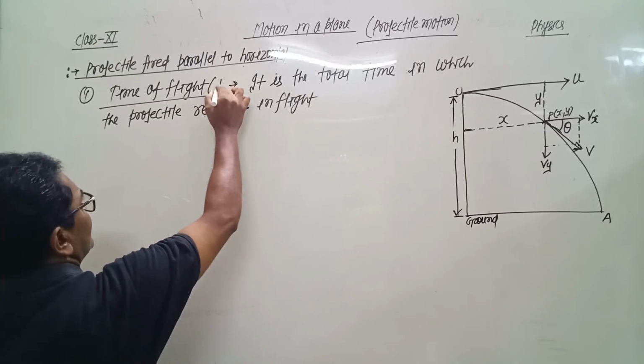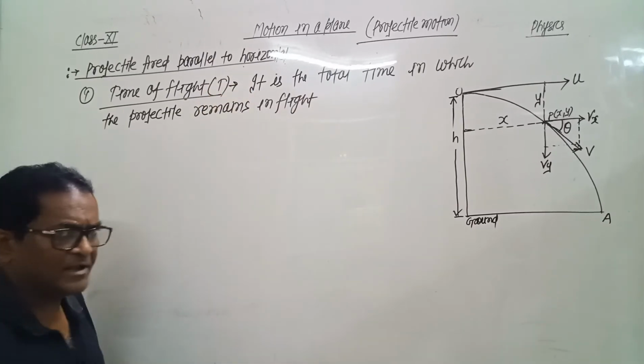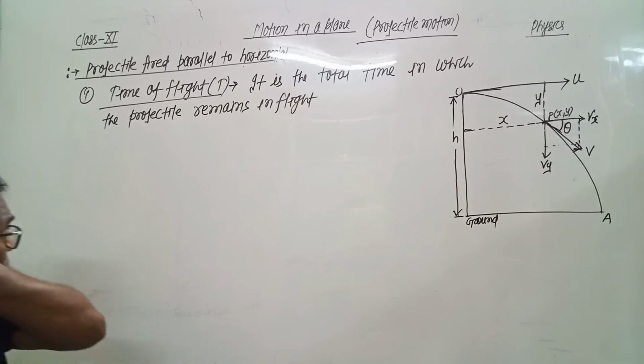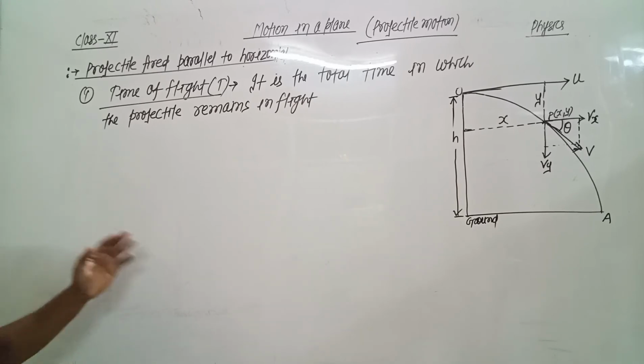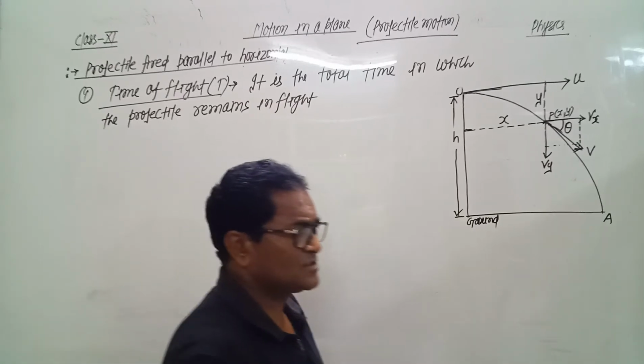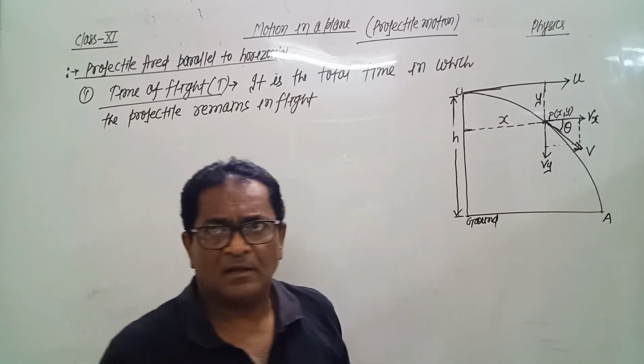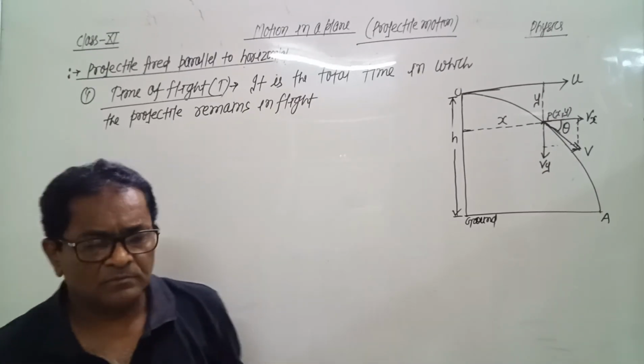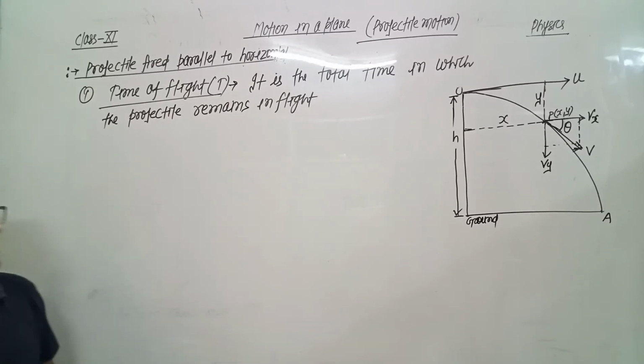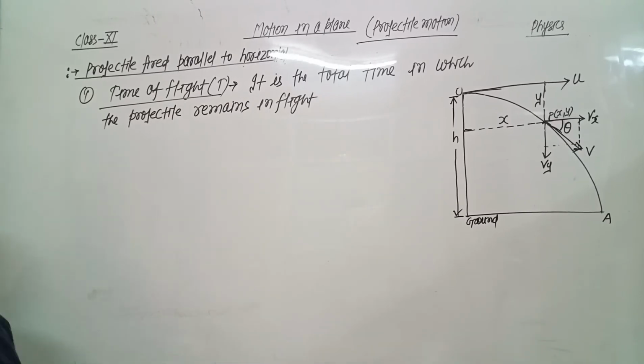And time of flight is represented by capital T. So the total time in which the projectile remains in flight means time taken to go from O to A. Time taken to go from O to A is the total time taken, called time of flight.